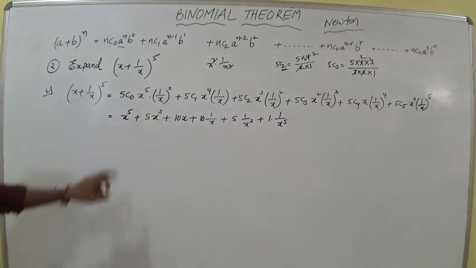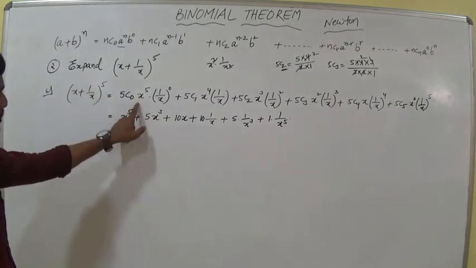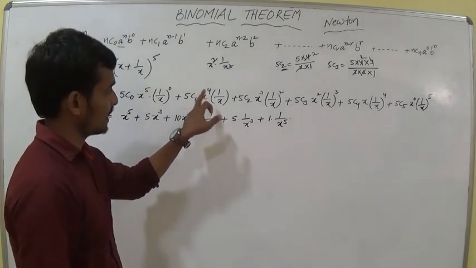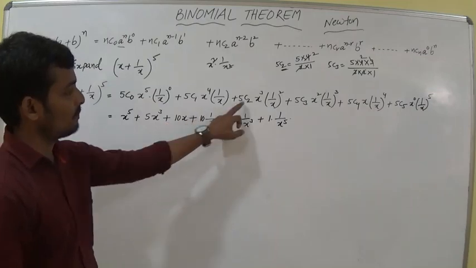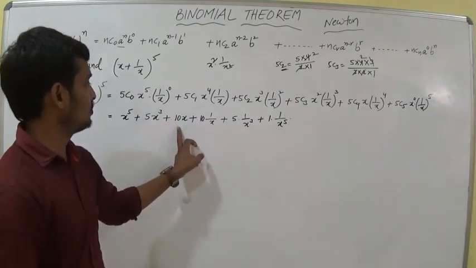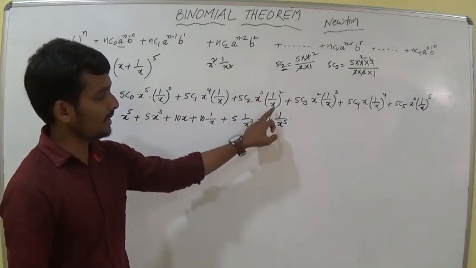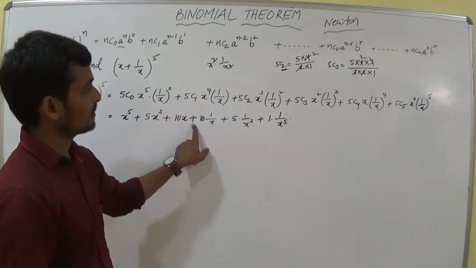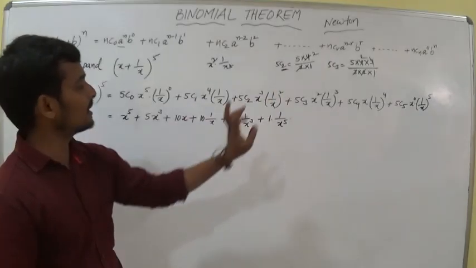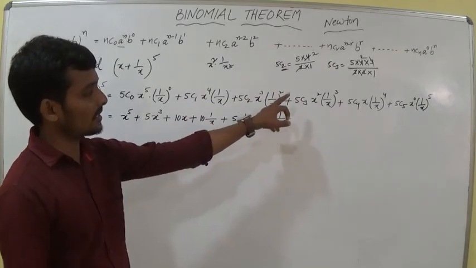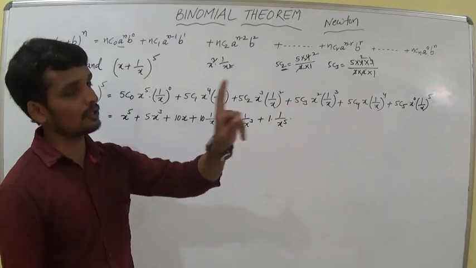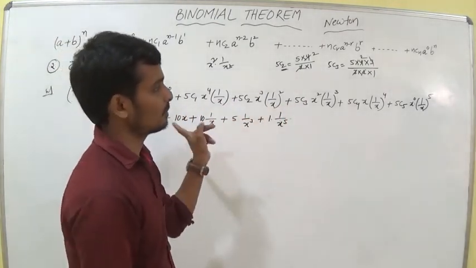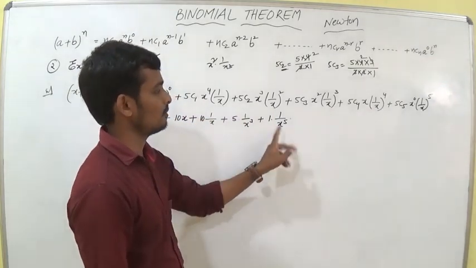Once again, check. 5C0 is 1, x power 5, plus 5C1 is 5, x power 4 cancels by 3 times, x cube, plus 5C2 is 10 into x cube by x square, x cube by x square means x, 10x, plus 5C3 is again 10, x square by x cube, 1/x times, so 10 into 1/x, plus 5C4 is equal to 5C1, 5 into 1/x cube.